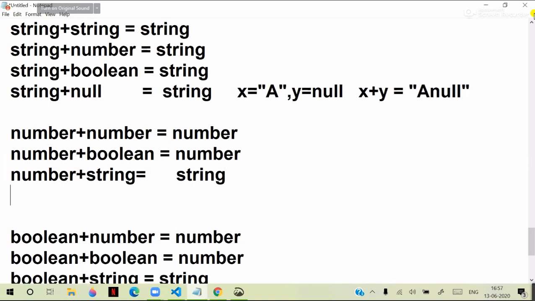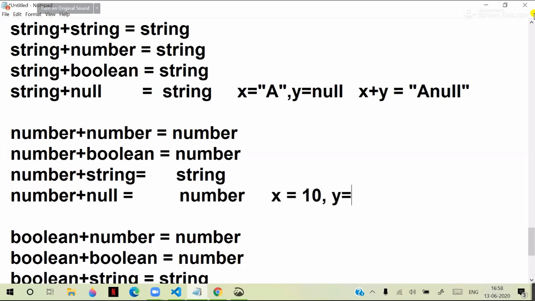If I am defining a number plus null, what will it return? It will return a number only. Number and null will return a number only. That means x equal to 10 and y equal to null, then x plus y will return 10.